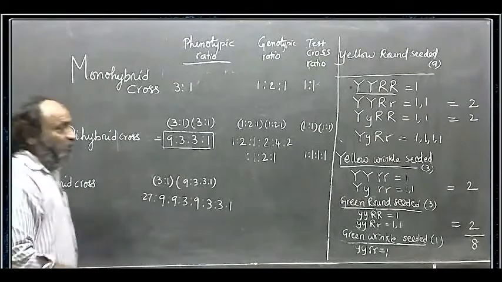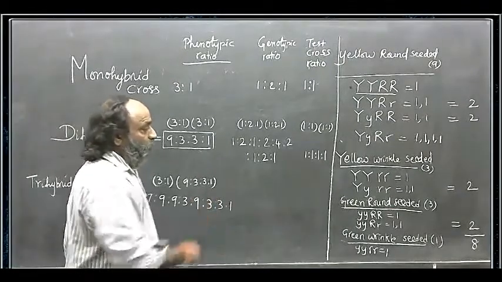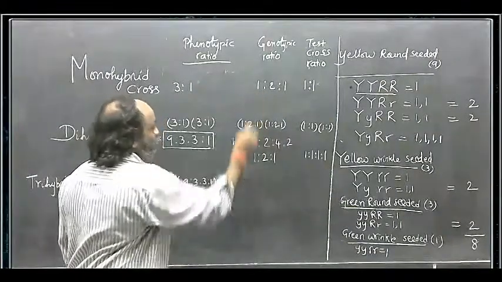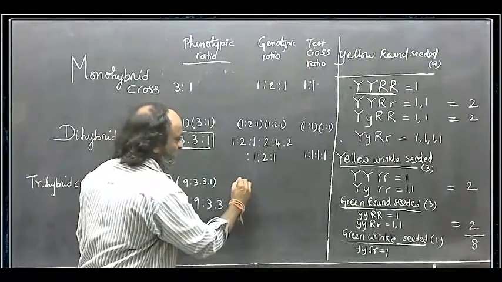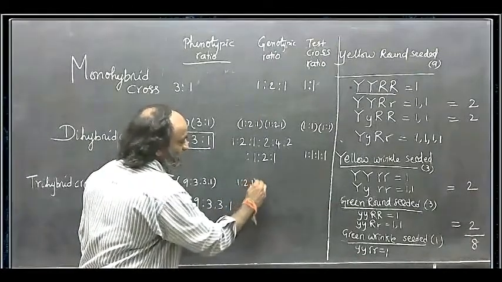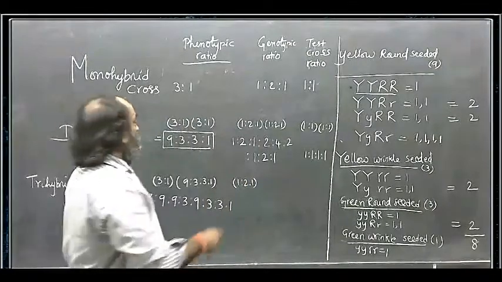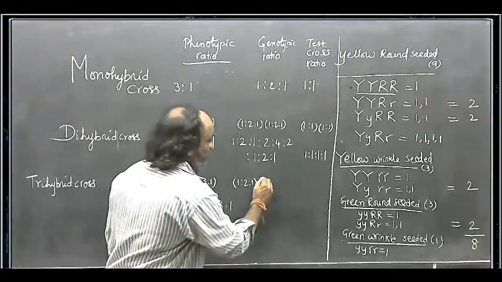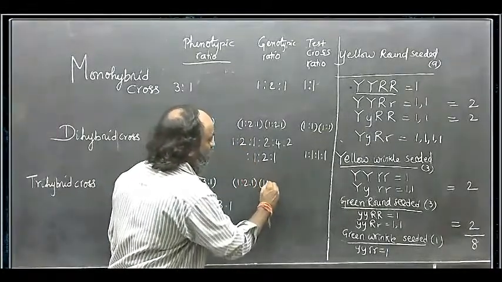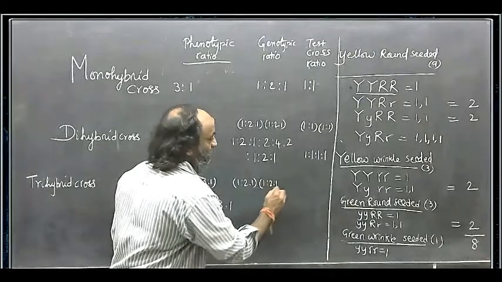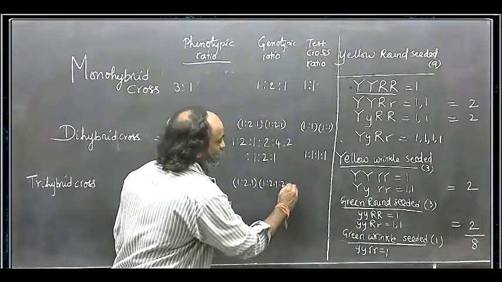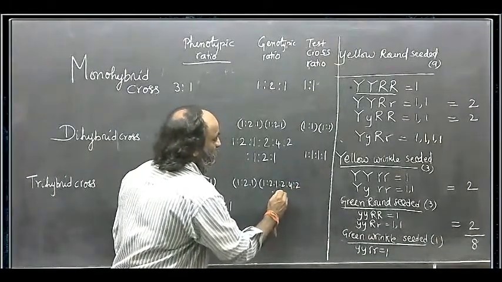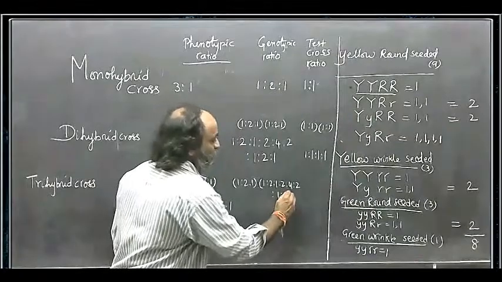In the same way, you can work out the genotypic ratio too by multiplying the monohybrid genotypic ratio, that is 1:2:1, with the dihybrid genotypic ratio. What is the dihybrid genotypic ratio? 1:2:1 multiplied by 1:2:1 gives 1:2:1, 2:4:2, 1:2:1.